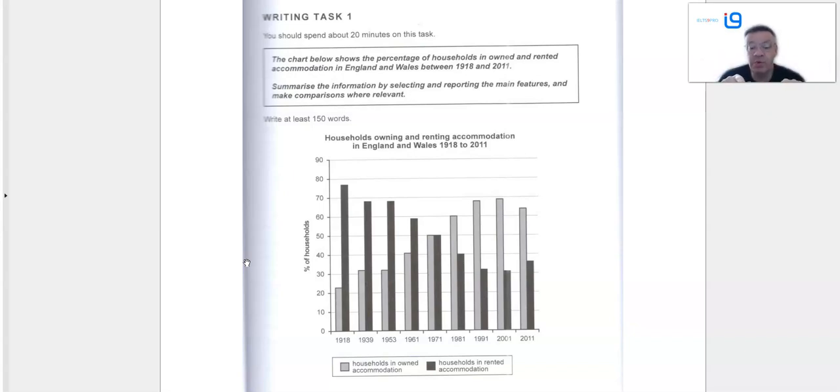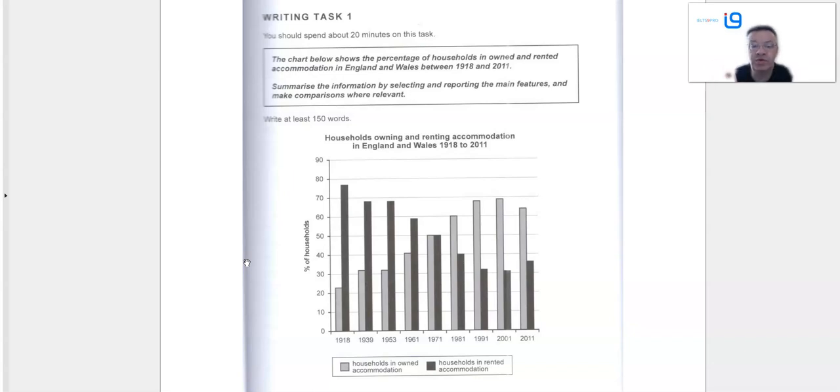Well, obviously what we can see, this is quite interesting, is that rented accommodation shows a clearly downward trend, while ownership of houses shows an opposite rising trend, and that's it.